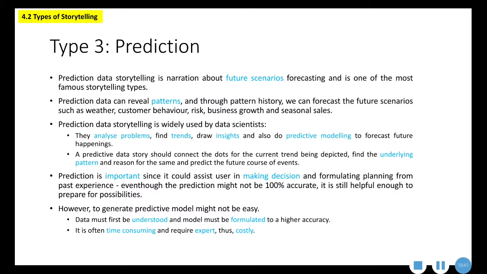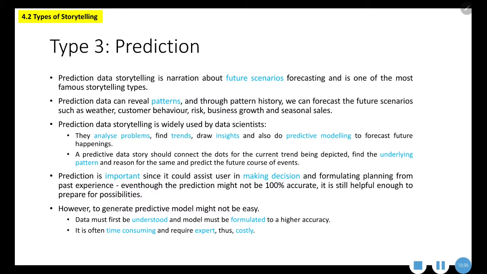So prediction data storytelling is widely used by data scientists in order to analyze problems, to find trends, to draw insights, and also to do predictive modeling to forecast future happenings.